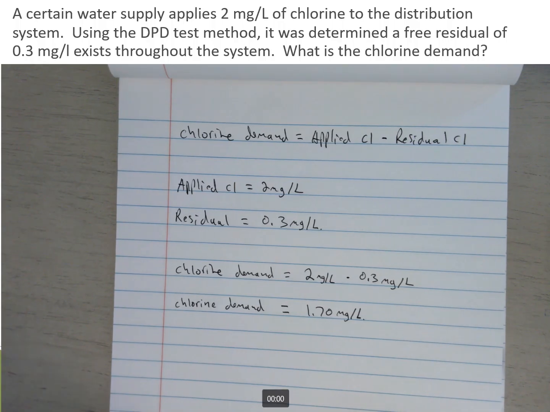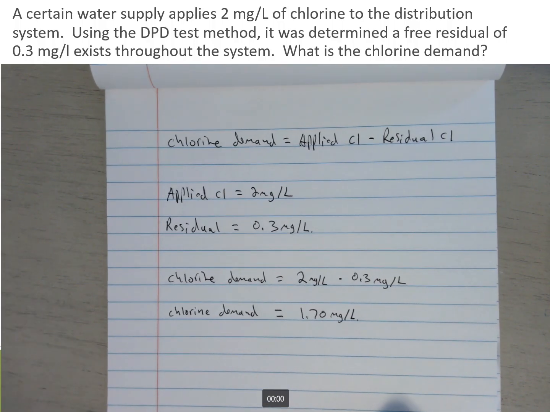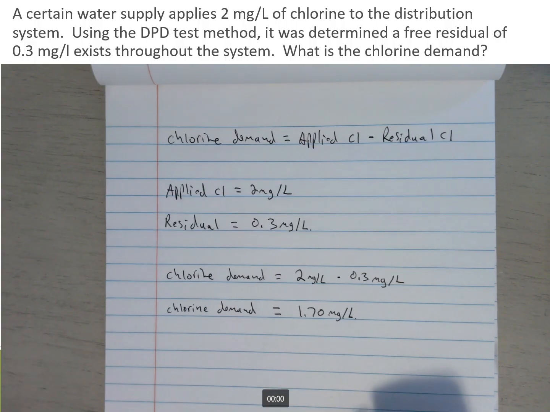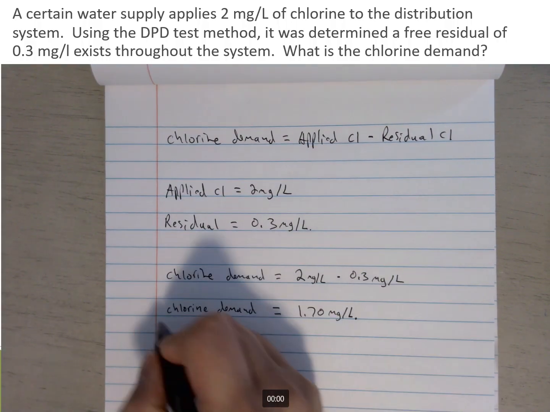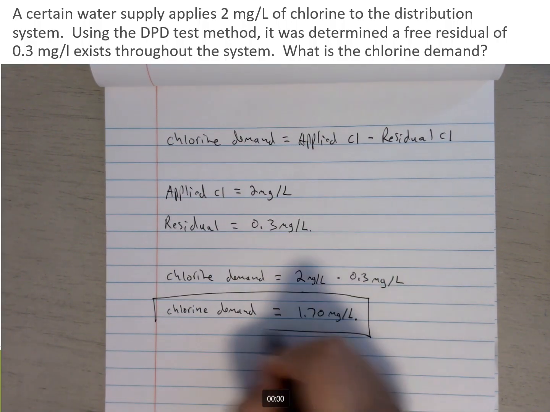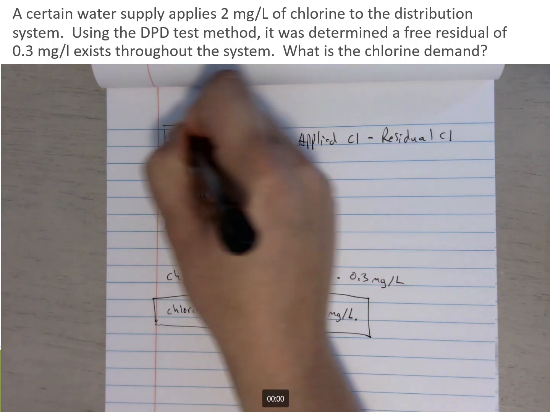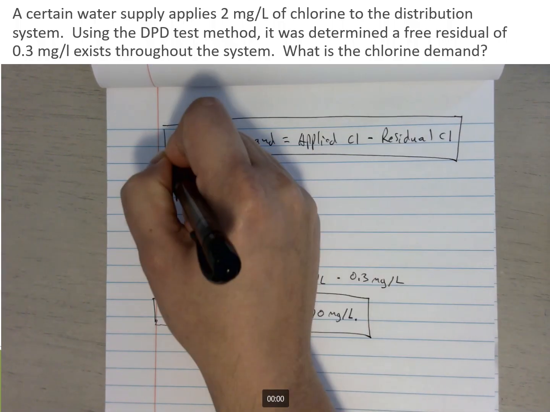So something in that distribution system is consuming that chlorine. Could be that there's some contaminant entering that distribution system that's consuming that chlorine. So that's the chlorine demand. This is the equation that you use.